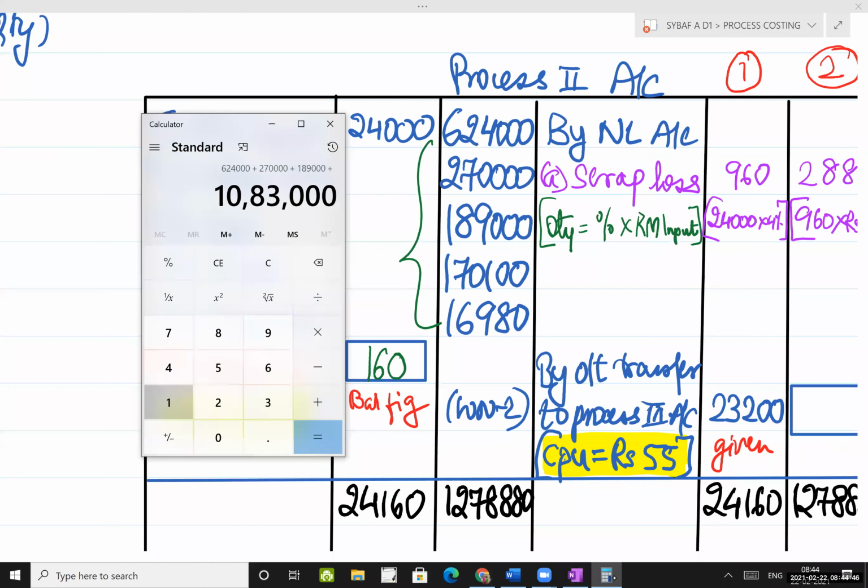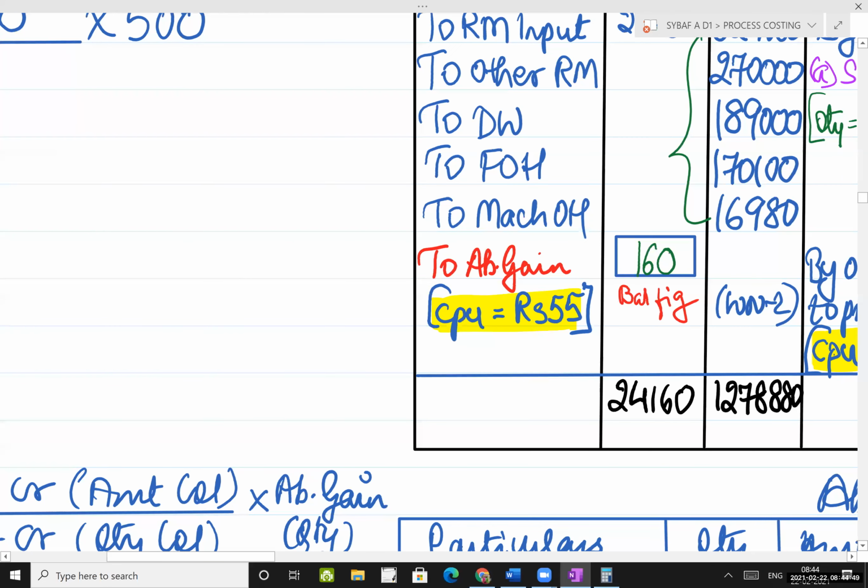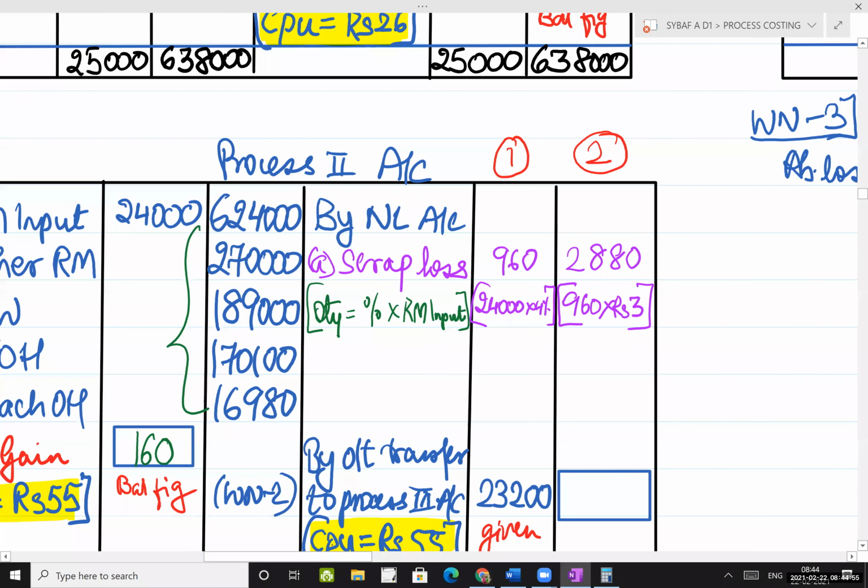How much is it? 12,70,080. So write your debit side 12,70,080. Credit side how much you have? 2880. Okay, so write your credit side 2880.